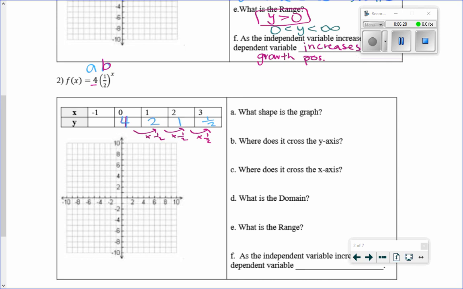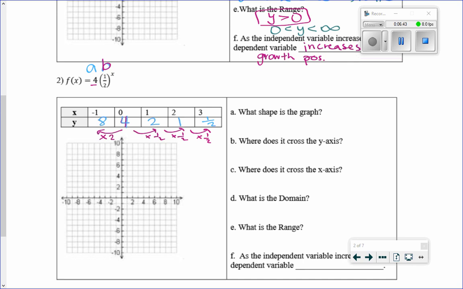Or again, I could plug that into my calculator to see, I could plug in any value for x. If I were to go backwards, instead of times 1/2, I can multiply by 2. So if it had an exponent of -1, it would be 8.